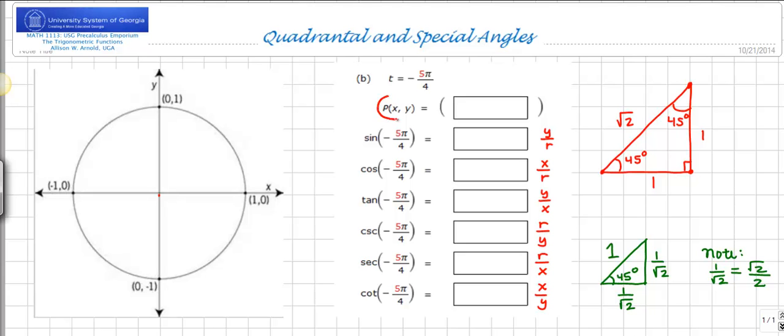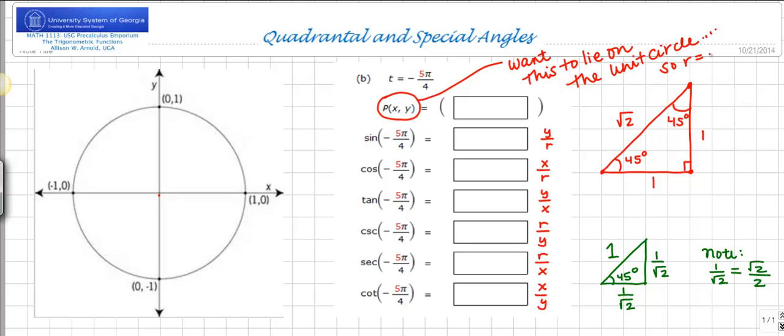If you deliberately take our x, y, r point on the terminal side, from the definitions of the trig functions, and you want a point to actually lie on the unit circle, what we said before in our earlier discussion, that means the radius is 1. So that's the only difference, is you're forcing the radius to be 1.